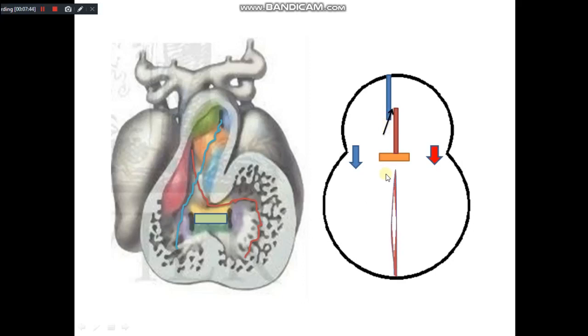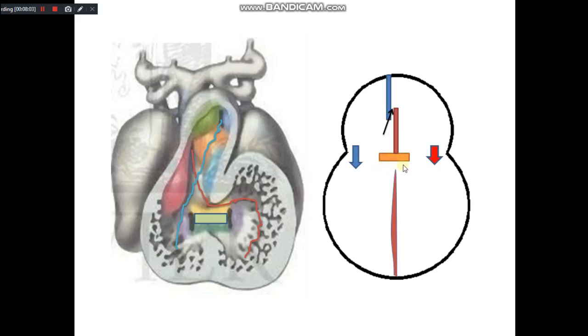Meanwhile, the septum formation in the ventricles is developing. The intermuscular septum has increased, and it has almost approached the septum intermedium, but there is still a gap between the upper end of the intermuscular septum and the septum intermedium.